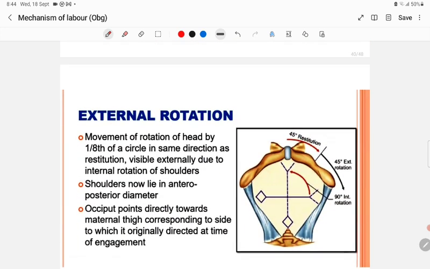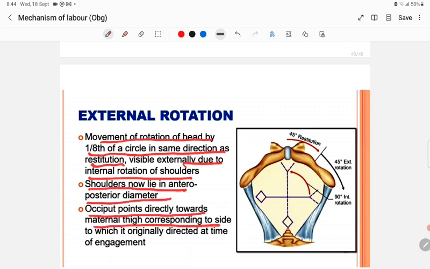Okay. Then external rotation is the rotation of the head by 1/8 of a circle in the same direction as restitution. The external rotation is opposite to the internal rotation, visible externally due to internal rotation of the shoulder. The shoulder now lies in the anteroposterior diameter. The occiput points directly toward the maternal thigh, corresponding to the side to which it was originally directed at the time of engagement. So what happened? During internal rotation, when the head rotates 1/8 of a circle, the shoulder also rotates 1/8 of a circle.